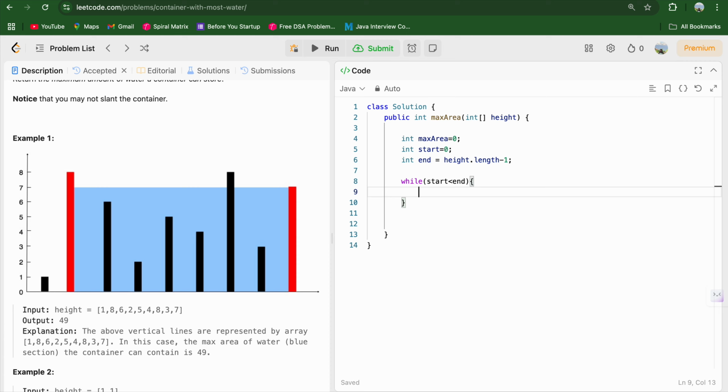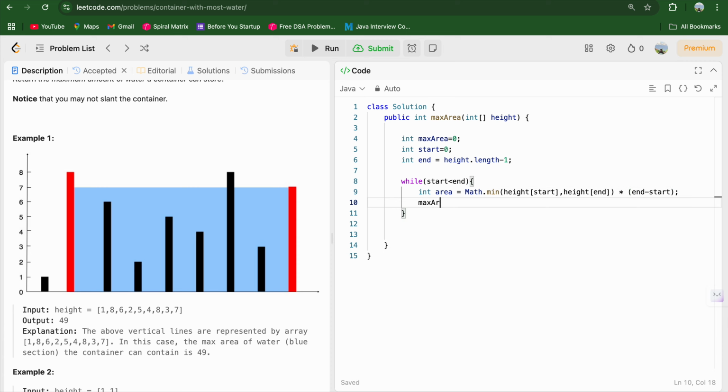We are going to calculate the area. Area is minimum between start and end into end minus start.